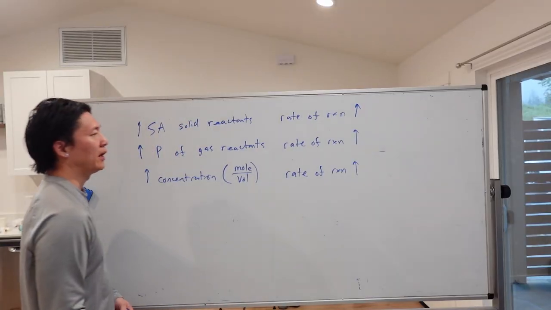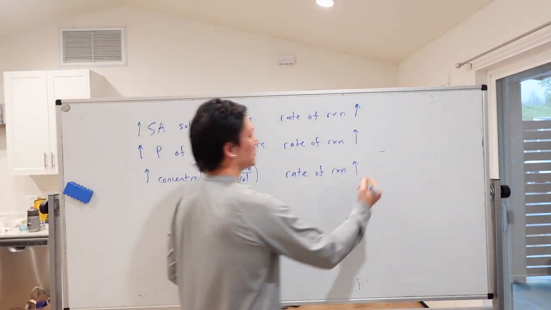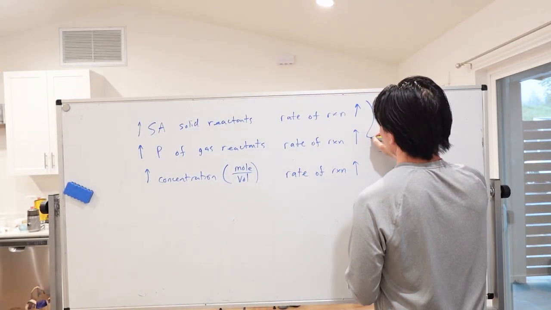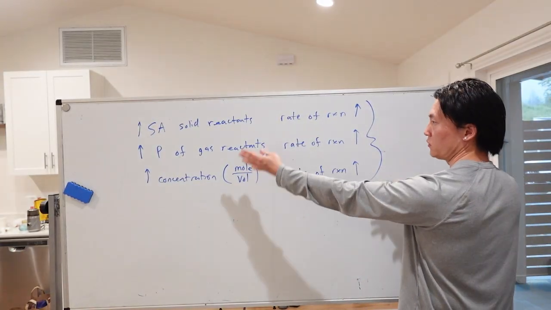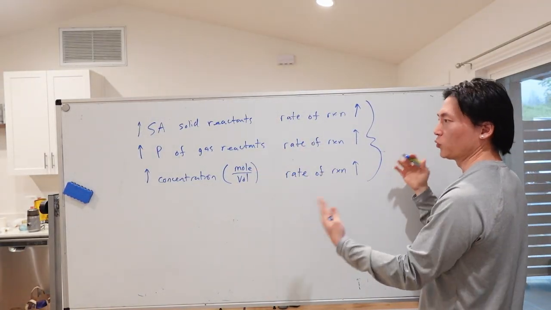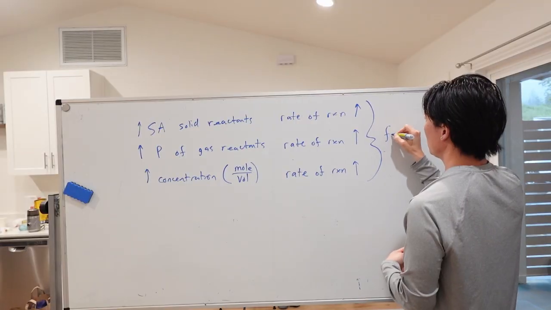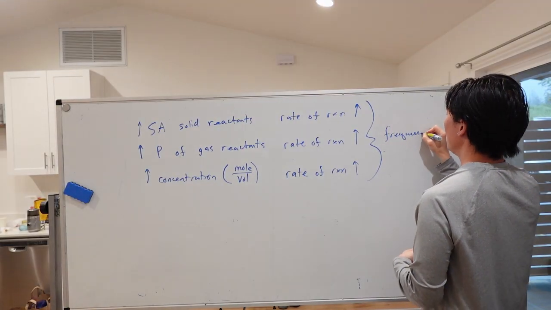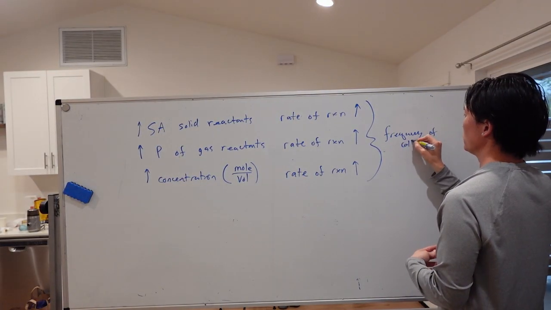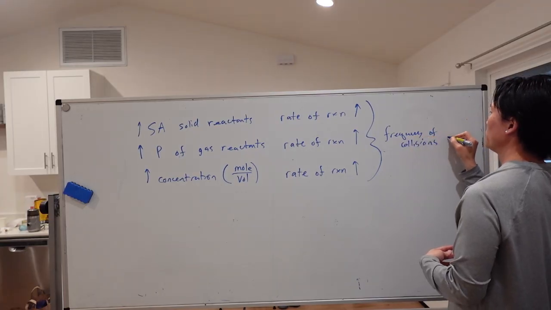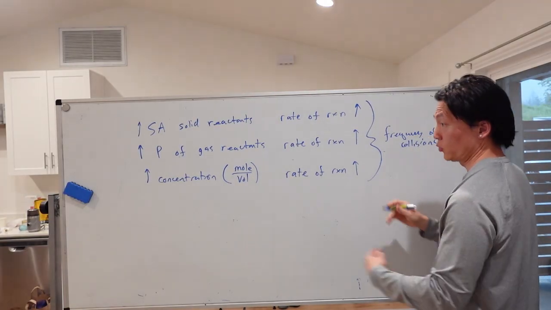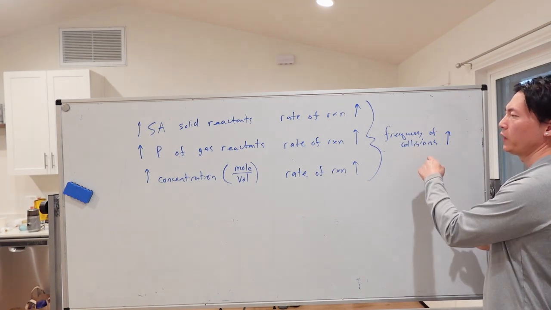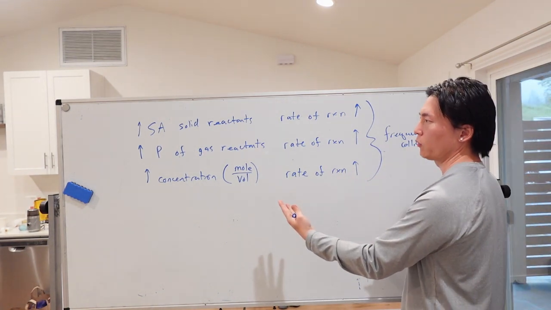Now all of these are because the frequency of collisions between reactant particles increases. And they have different reasons why, okay?